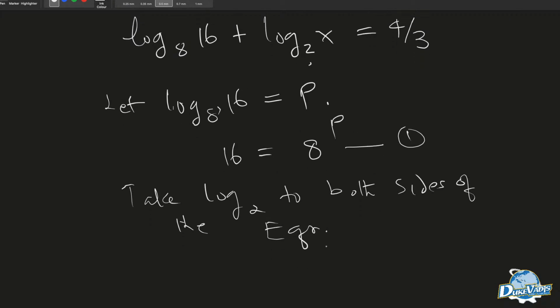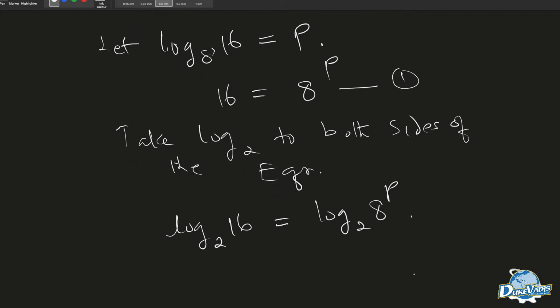So here we have log to the base 2 of 16 is equal to log to the base 2 of 8 to the power p. What am I doing? I'm just trying to change to the same base. I don't believe in memorizing it, so we have to break it from scratch.